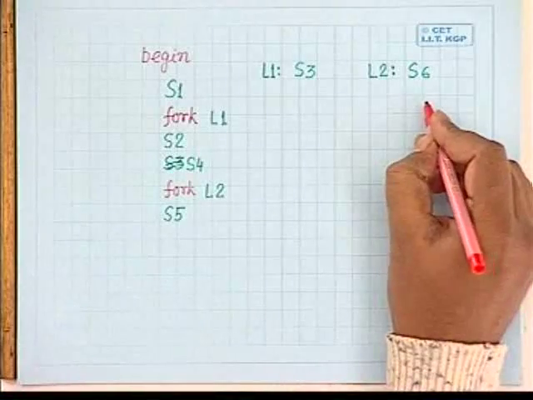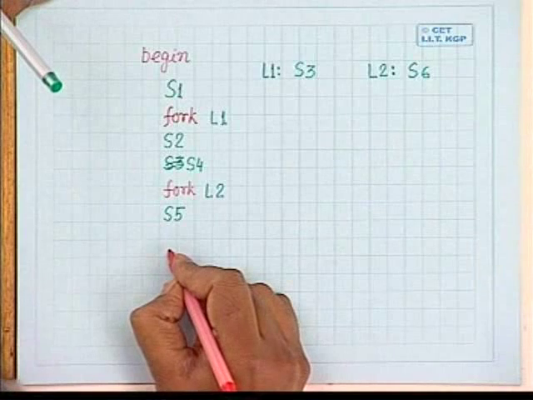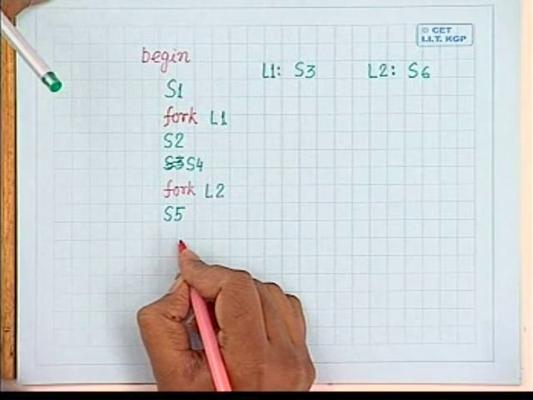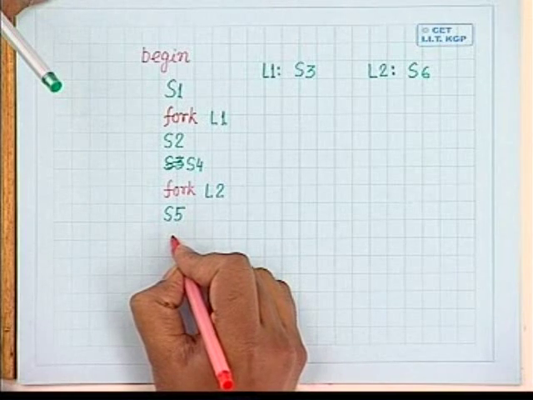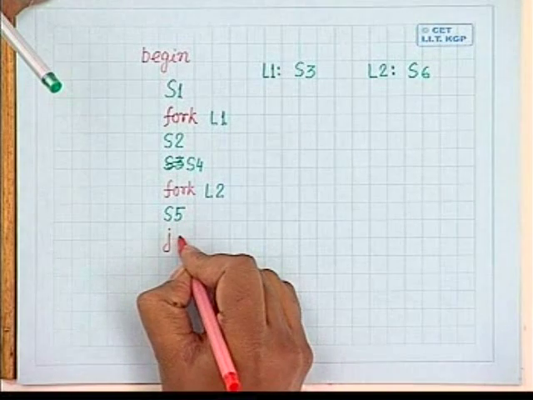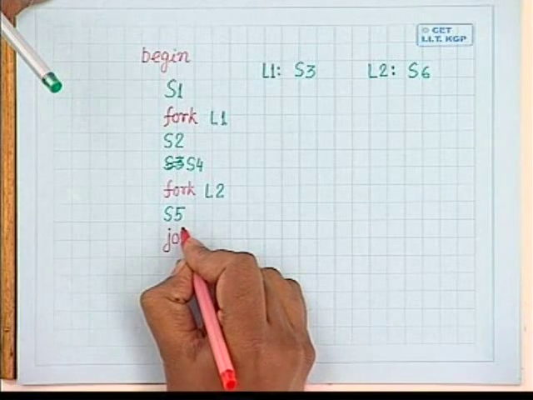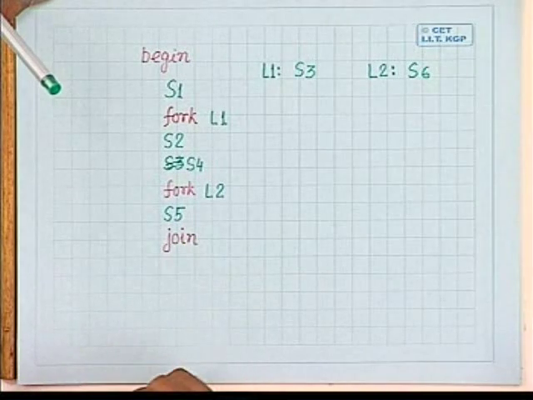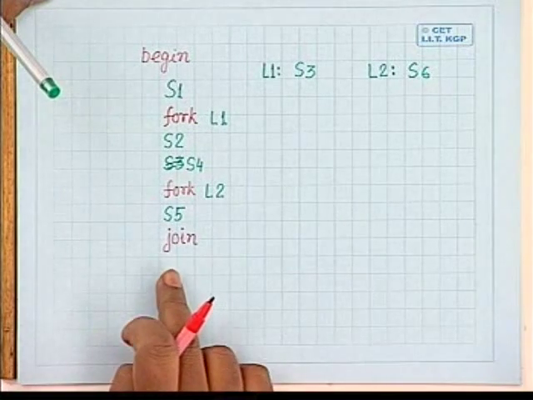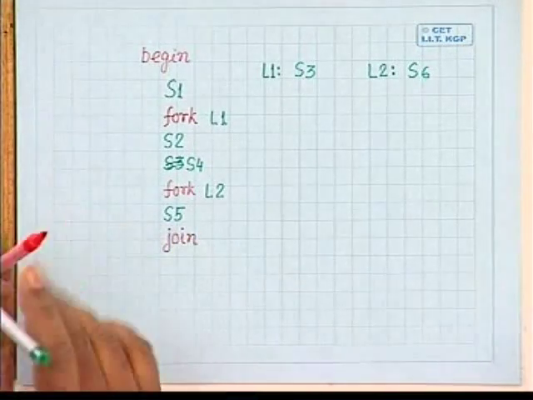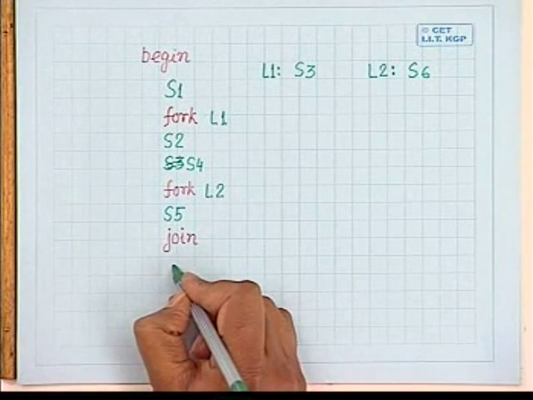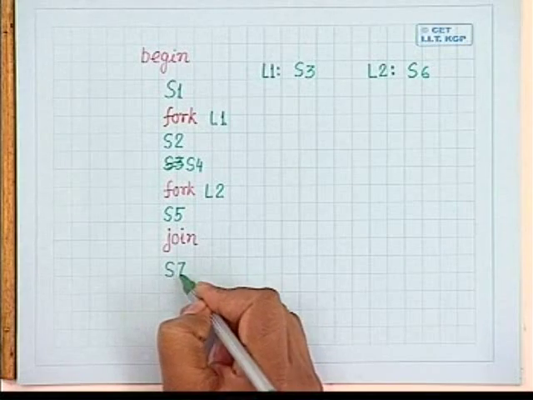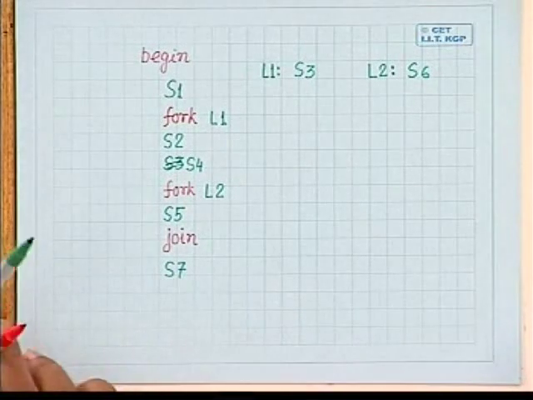That is what is done by the join statement. So I have to put a join statement, which has to work with an argument. I'll come to that later. After this join statement, statement S7, which is the last statement in this program module, has to execute, and then finally we'll have the end of the program.